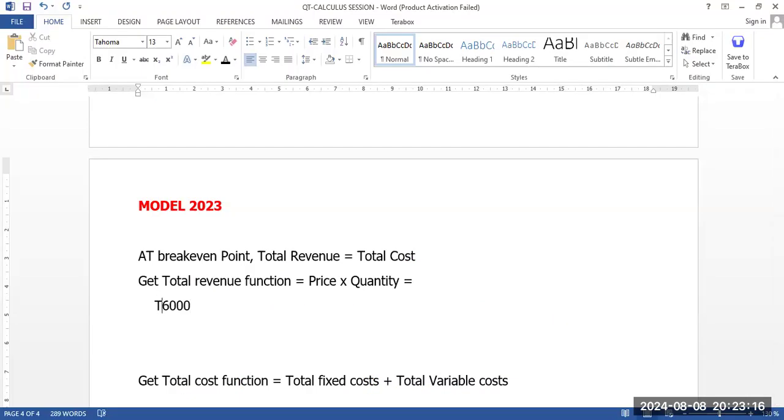Total revenue will be equal to, open brackets, 6,000 minus 30p, then we multiply by p.